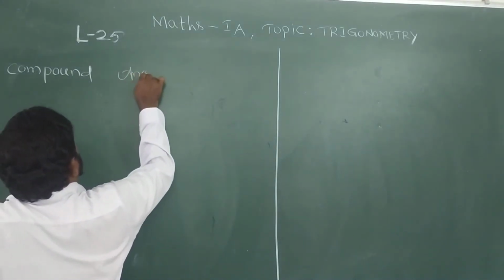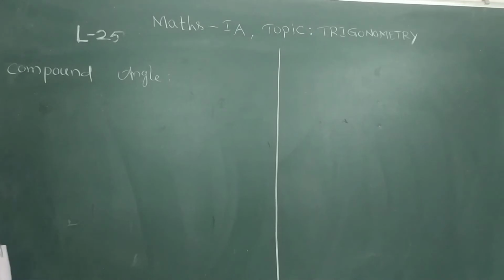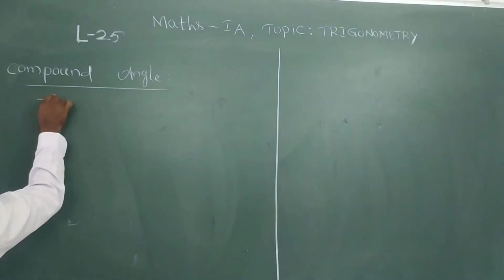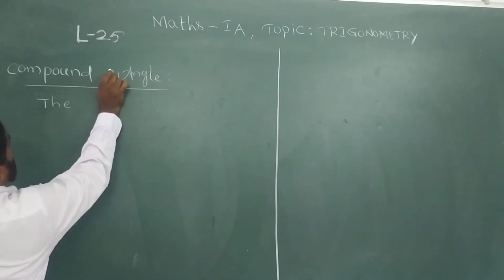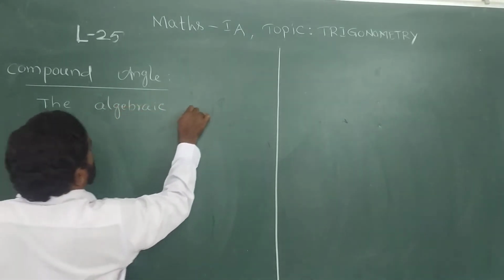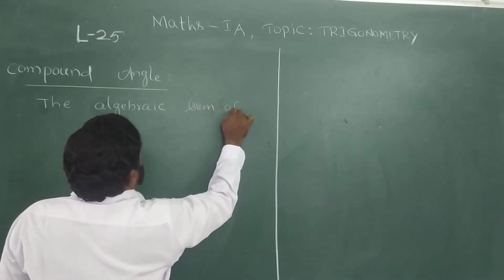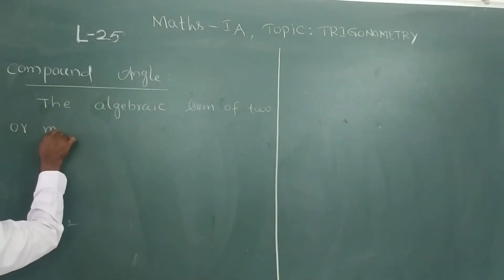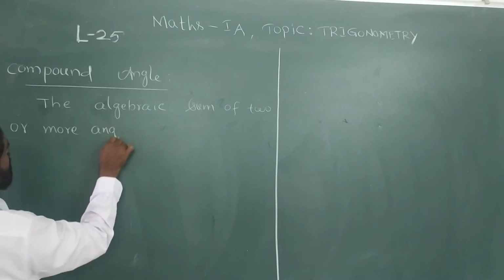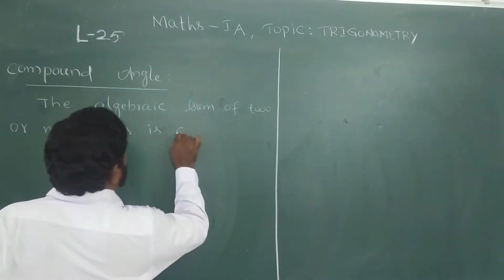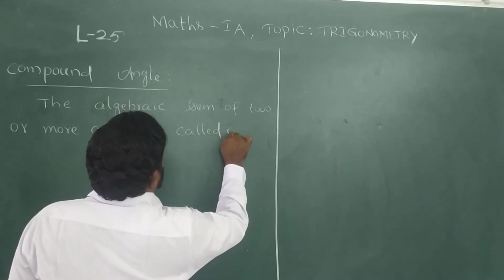Listen, compound angle means the algebraic sum of two or more angles is called a compound angle.